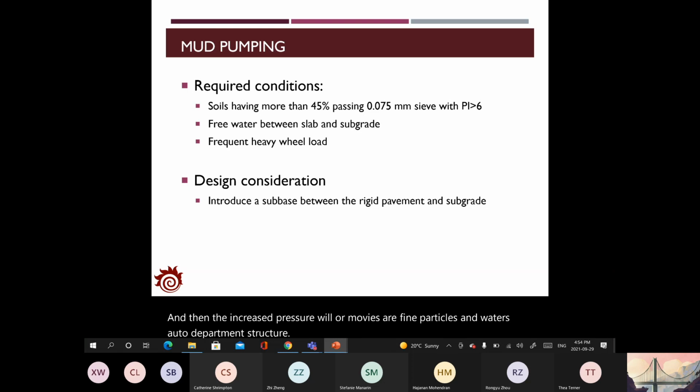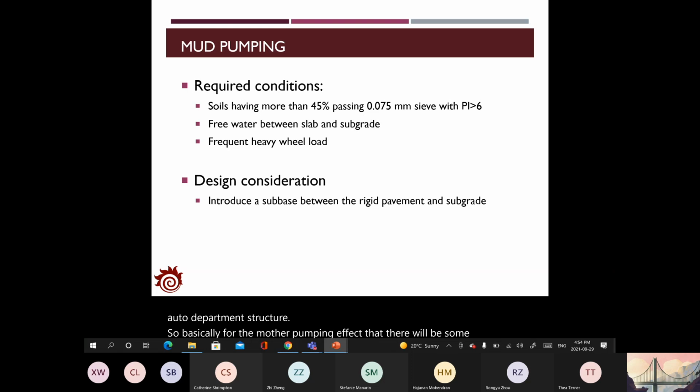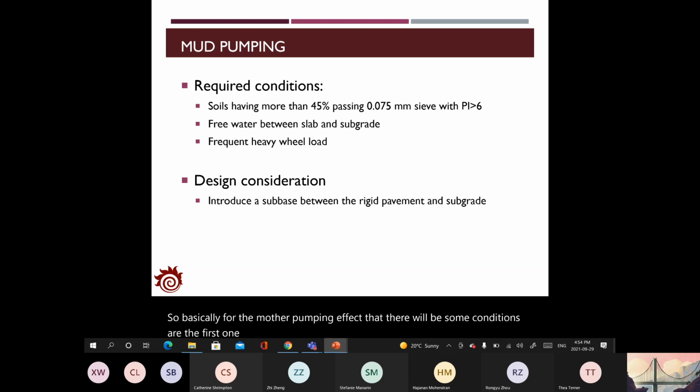So basically, for the mud pumping effect, there will be some conditions. The first one is that the soil must have more than 45% of the particles passing through the 0.075 millimeter sieve, with a plasticity index higher than 6.